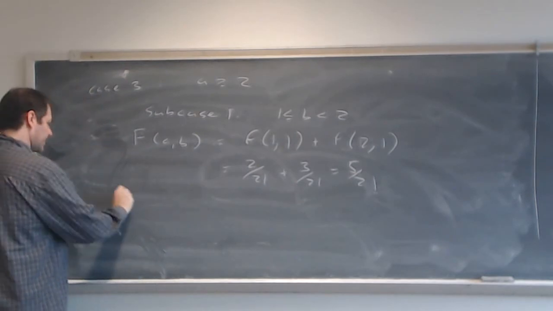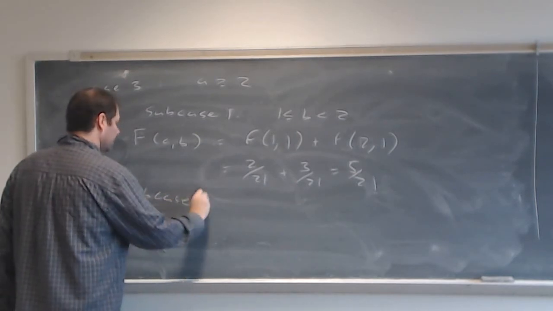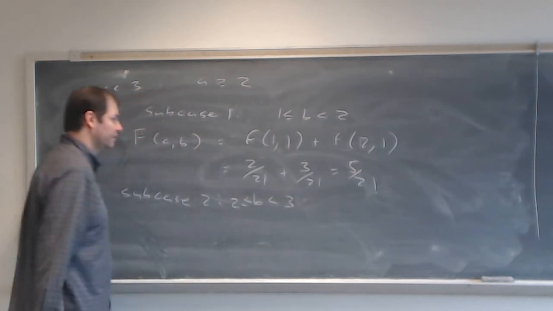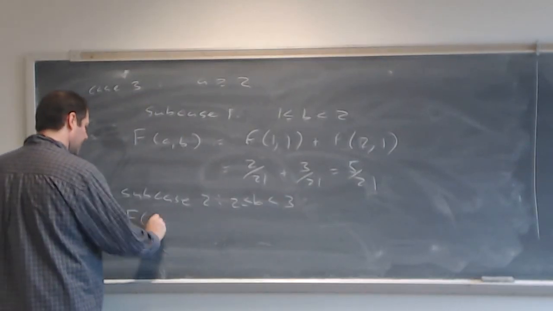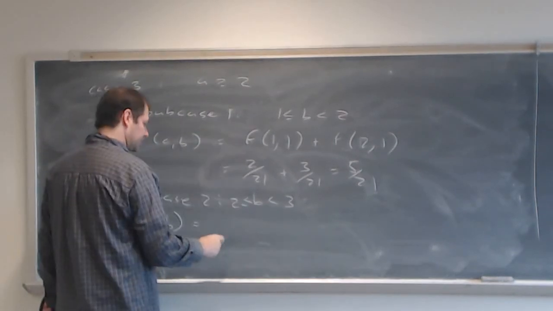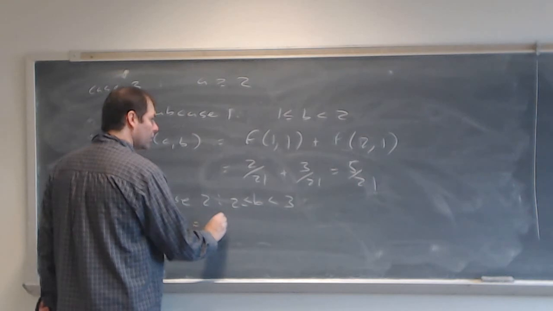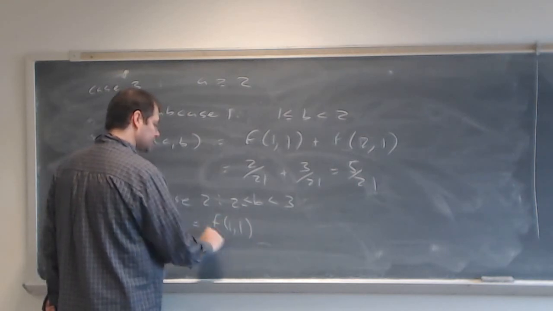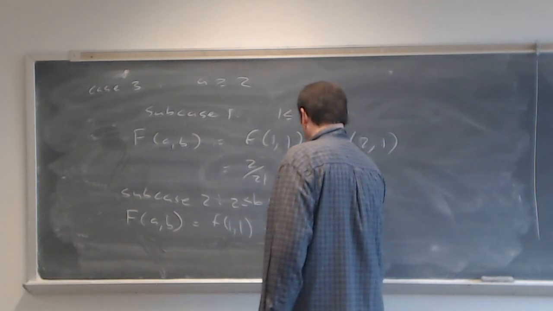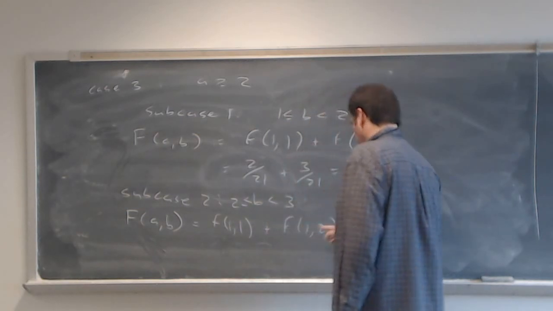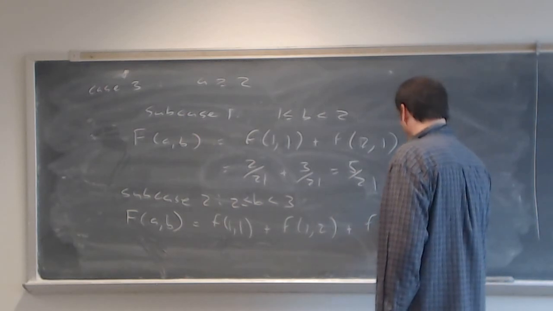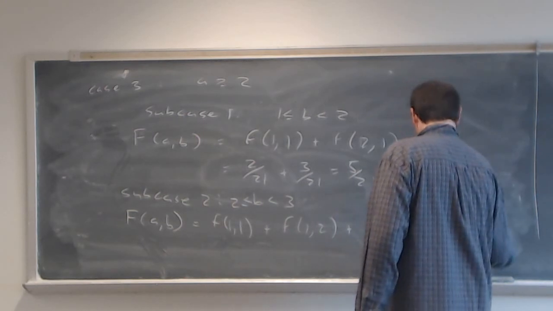Now, subcase 2. That's where b is sandwiched in between 2 and 3 in this manner. And so F of (a, b), like we've seen before, remember a is bigger than or equal to 2. So here we have F of (1, 1), so let's concentrate on x being 1, plus F of (1, 2), that's y can run from 1 to 2, plus, now x could also be 2, F of (2, 1) plus F of (2, 2).